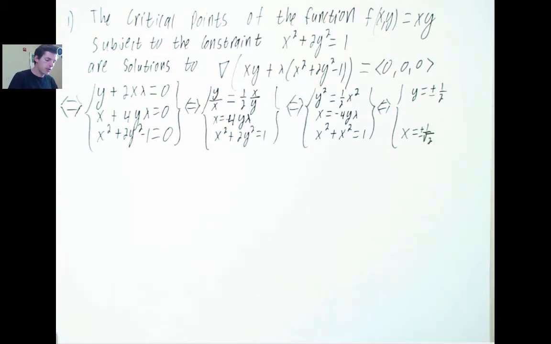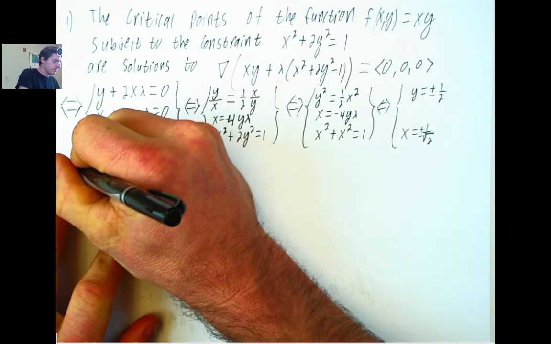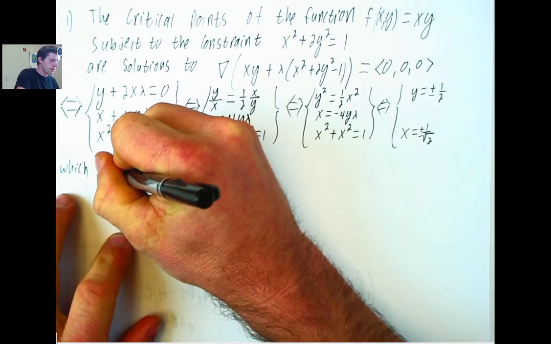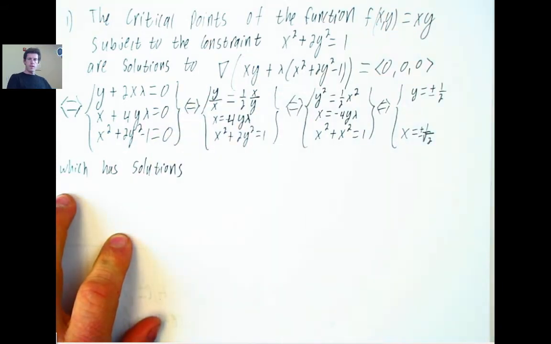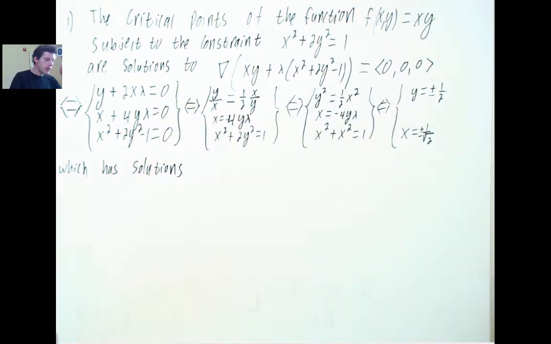So I should say the solutions. Now again, when you have a system of 3 equations, you need your solutions to be triples of things, right? And so I should have triples that stand for things I should substitute in for x, y, and lambda.